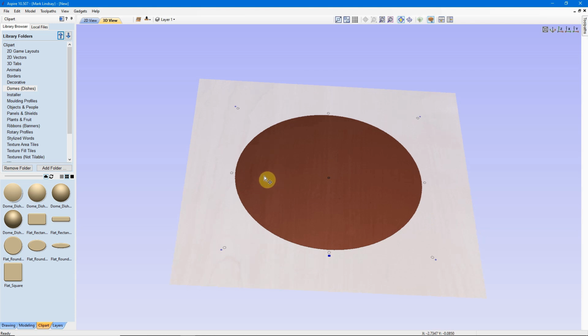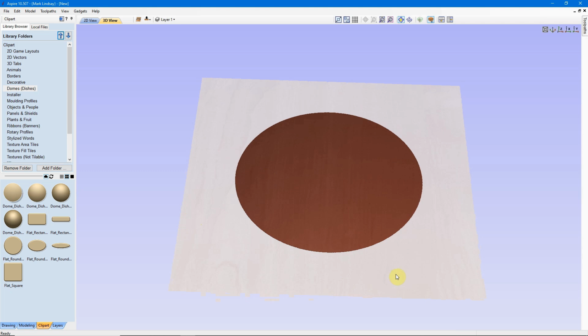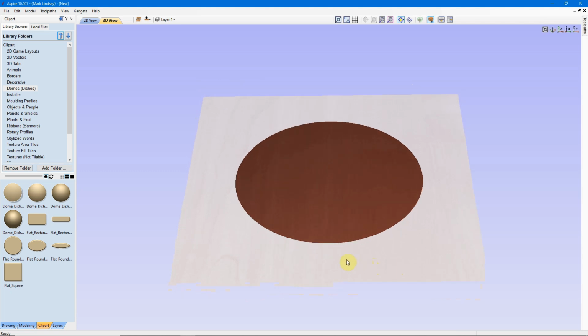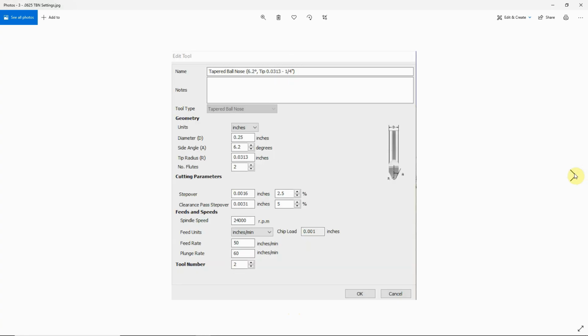So my point in all of this is, there is no real right or wrong stepover. The general consensus is anywhere from 8 to 10% stepover when you're talking about a tapered ball nose or a standard ball nose bit. Anywhere from 8 to 10% stepover is going to give you a good quality finish.